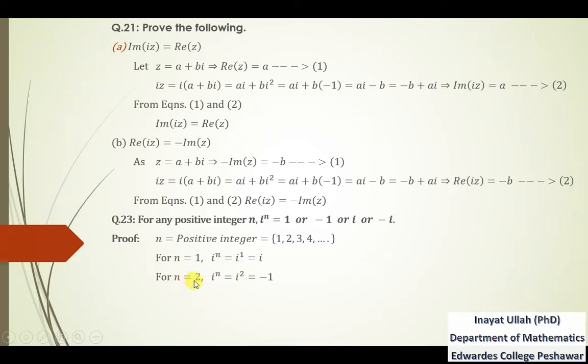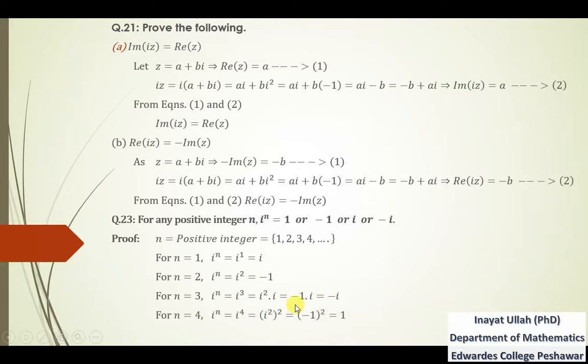Whenever n is equal to 3, iota power 3 can be written as iota square into iota, but iota square is minus 1, so minus 1 into iota is minus iota. So when n is 3, the answer is minus iota.